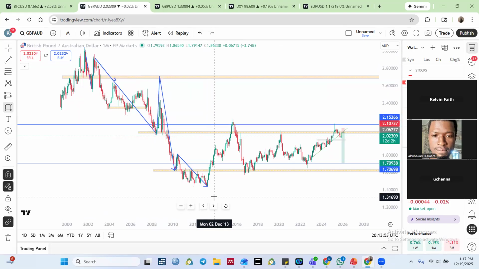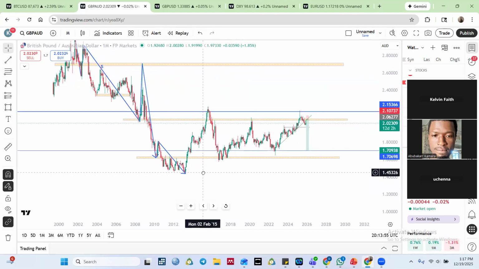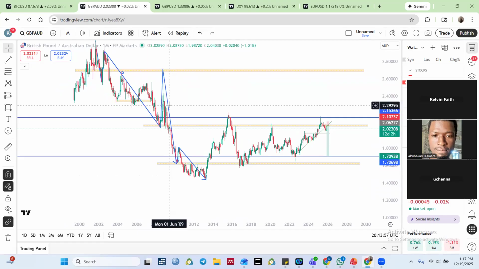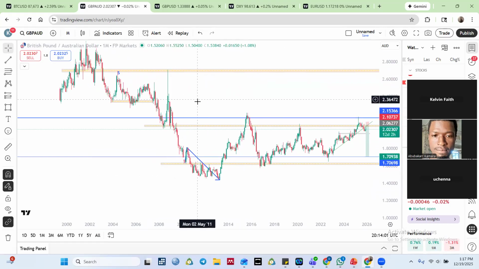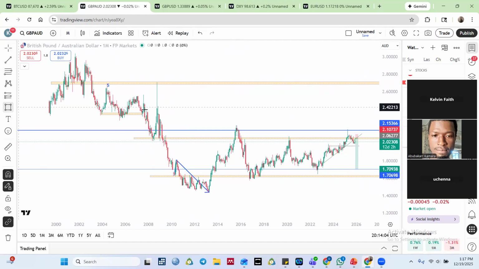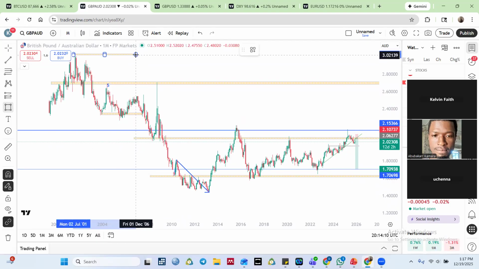What we have to do is look at the most important lower highs. We have this level, the top here, then the next one was here.